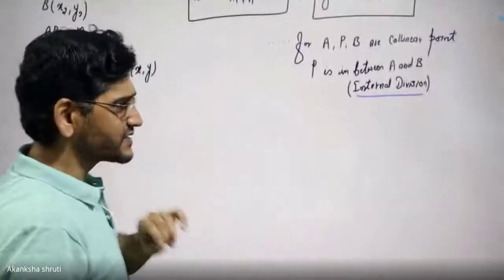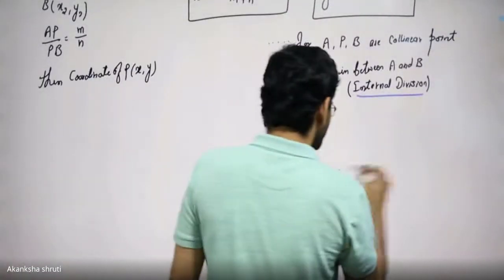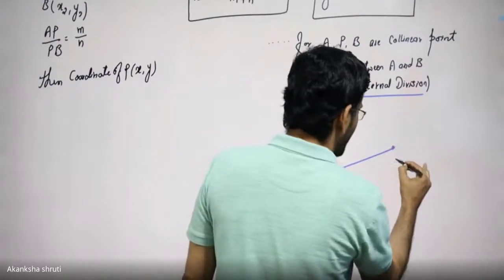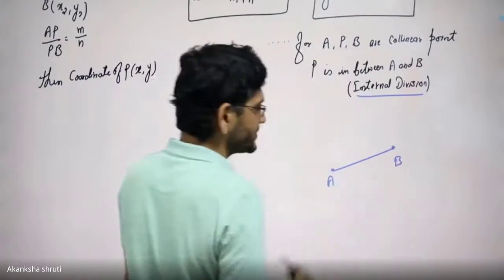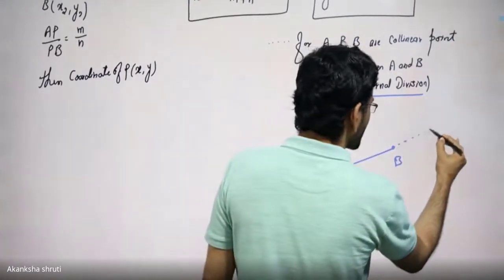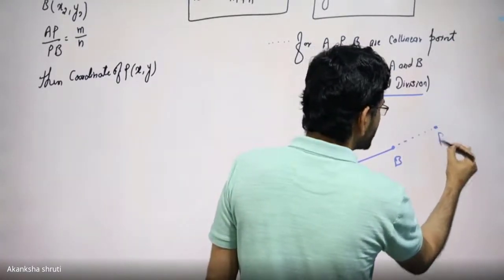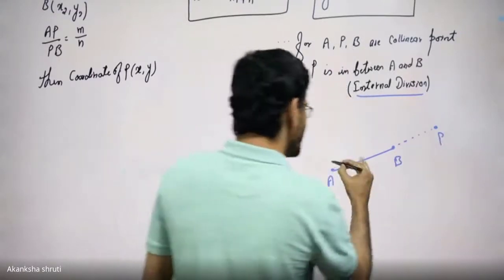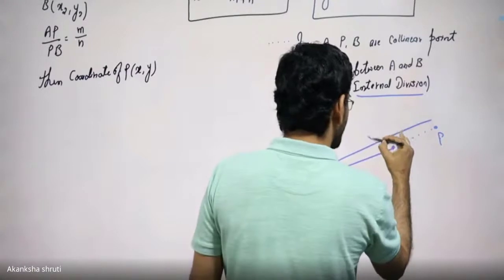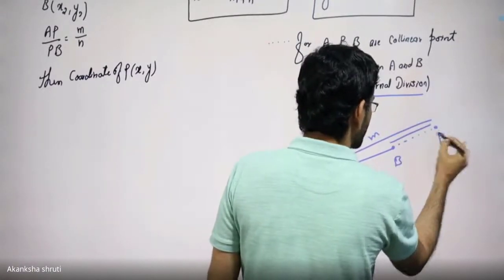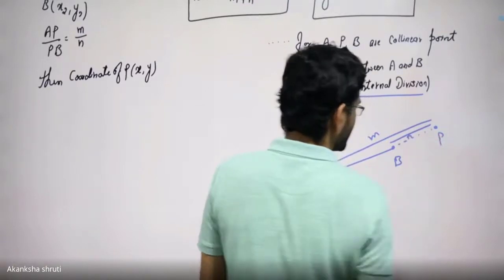Students, in higher standard, you will learn that even if we consider points A and B here, and if we are taking a point P, consider this is the point P. In this case, we need to know this much length. This is m and this PB is n.